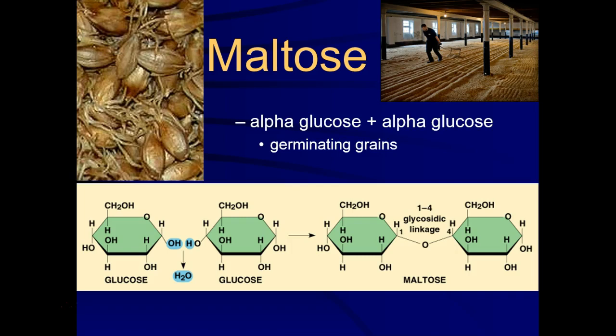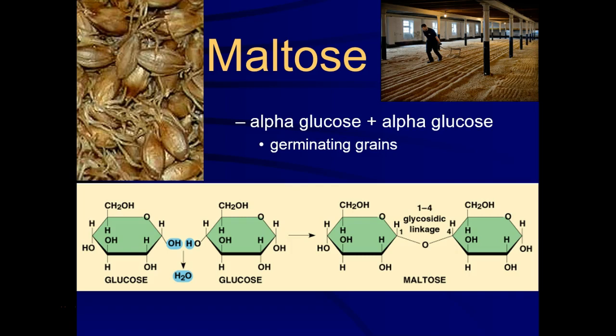Now, once we've got enough maltose in it, they stop the germination. Right? And then they kill the little embryo, and then they feed the seed to yeast. Yeast love maltose. Maltose is the food source for the yeast, and the yeast will produce alcohol, and this is how we get single malt whiskey.